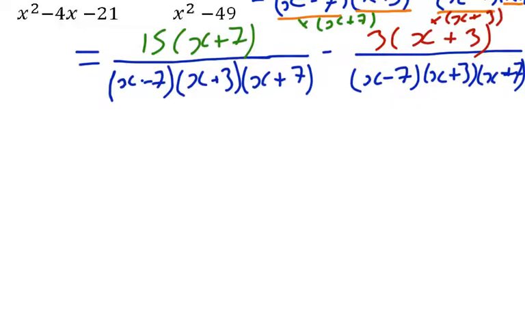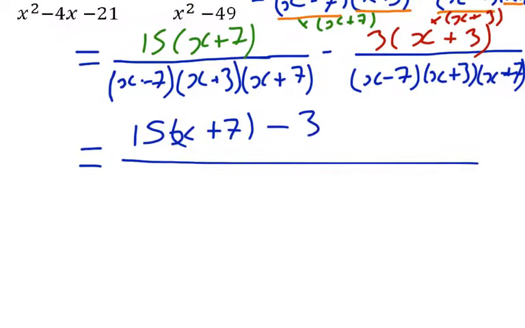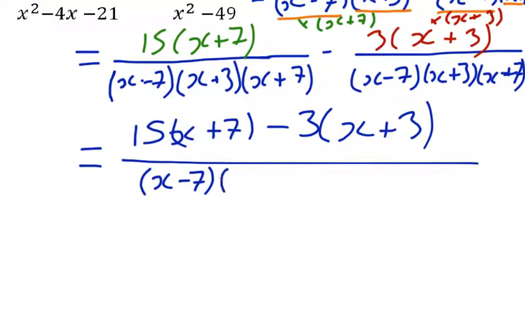Now we can multiply out those brackets or combine the fractions, giving us 15 brackets x plus 7. Let's combine the fractions first. Minus 3 brackets x plus 3 all over x minus 7, x plus 3, x plus 7.